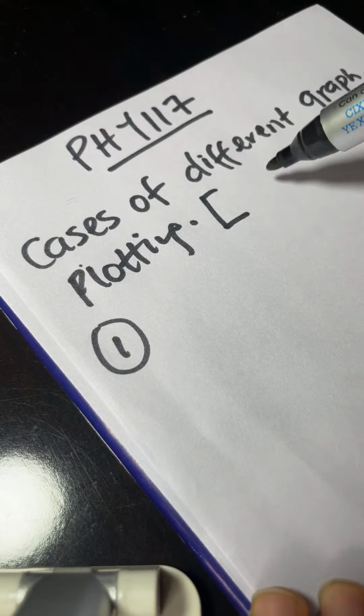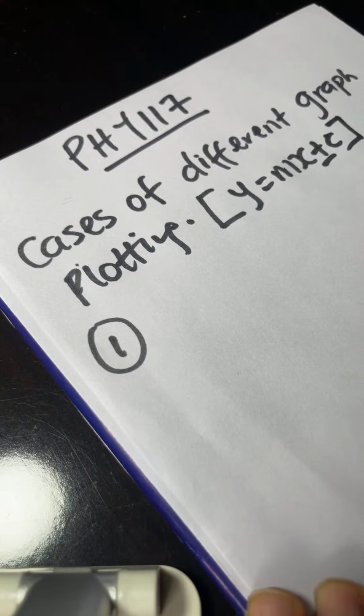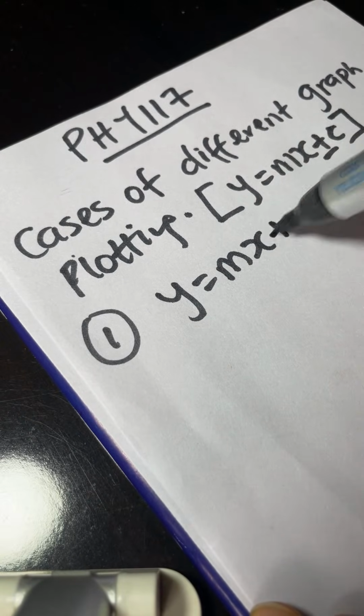Remember, it is y = mx plus or minus c. This is the general graph equation. So for case 1, we have something like y = mx + c.